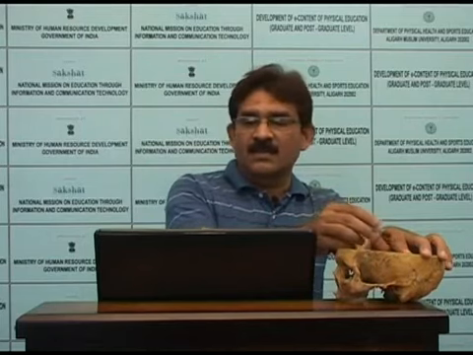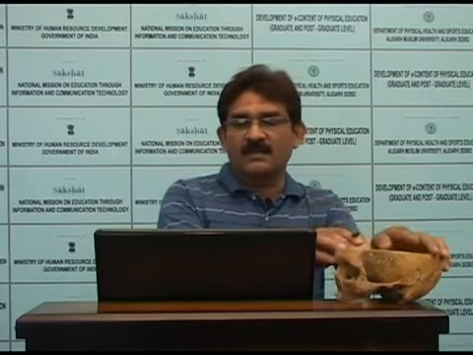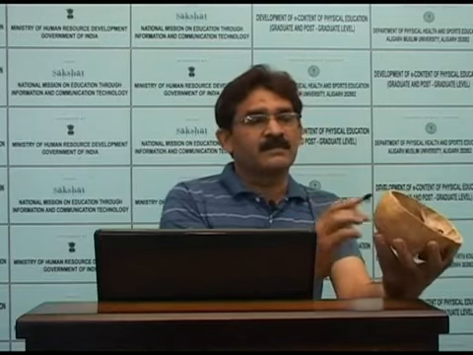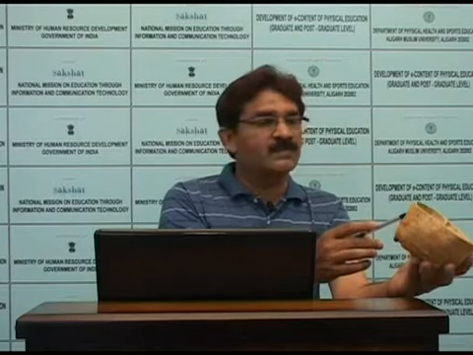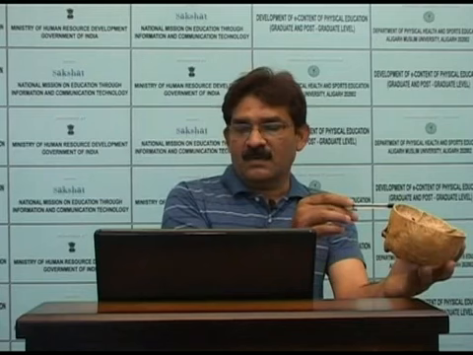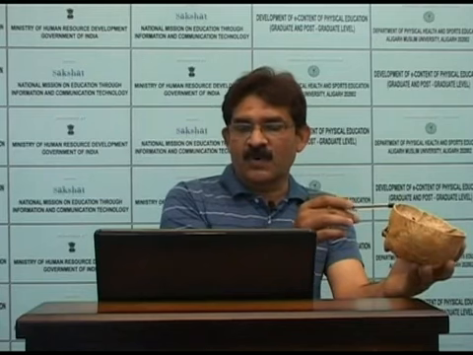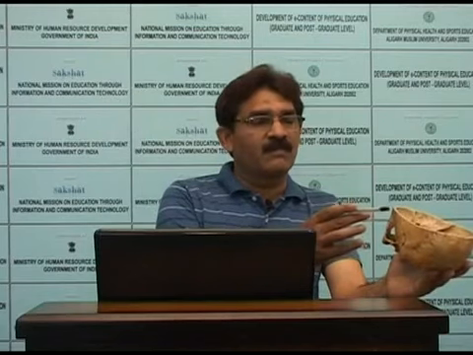This is called the coronal suture, and this is the parietal bone, and this is the occipital bone, and here is the temporal bone, and here the sphenoid bone. This is the sphenoid bone.